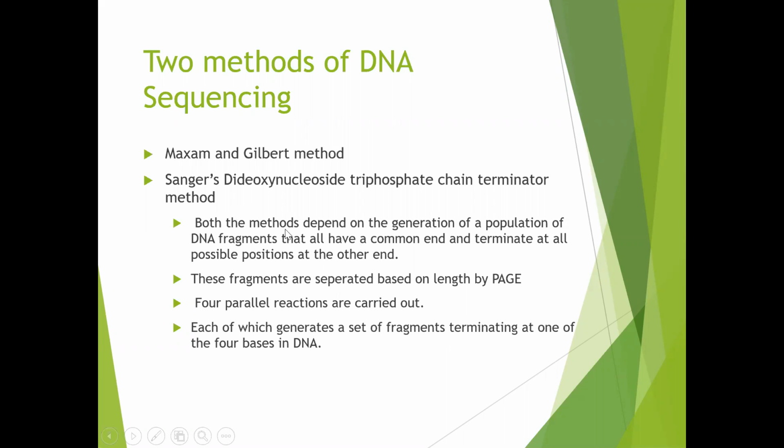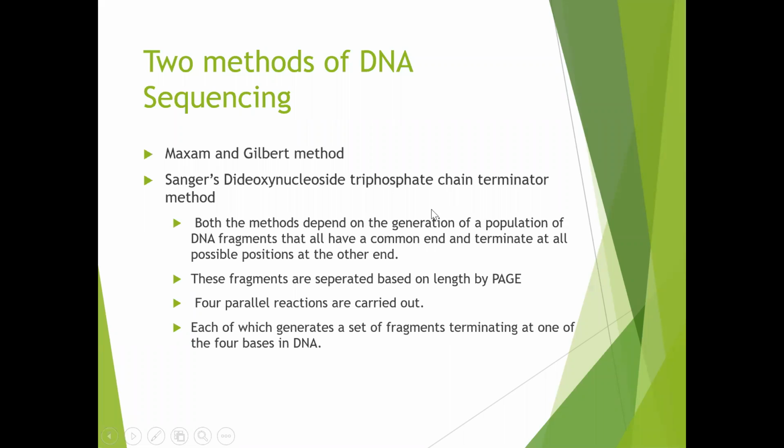Both these methods depend on the generation of a population of DNA fragments, and this population of DNA fragments all have one end in common. Usually the 5' end is the common end, and they terminate at all possible positions at the other end. That's how a population of DNA fragments is generated.